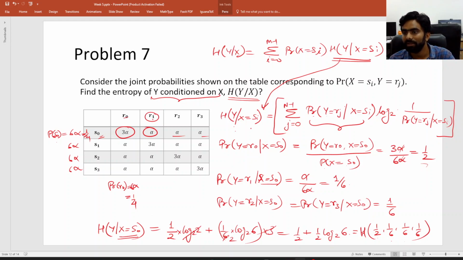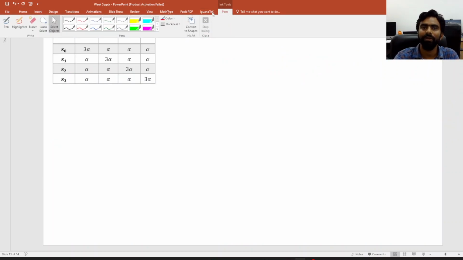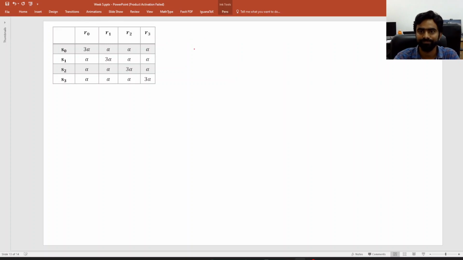Now the other symbols are remaining, i equal to 0 to n minus 1, that is 3. X equal to S0 we have already calculated; now we have to calculate for i equal to 1, 2, 3. Similarly for others also.